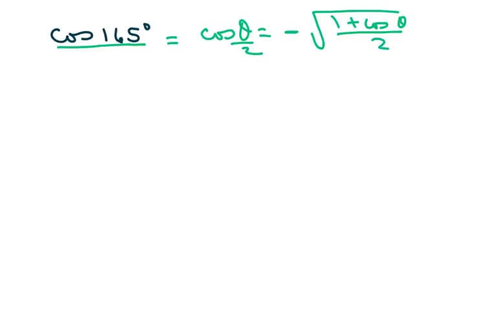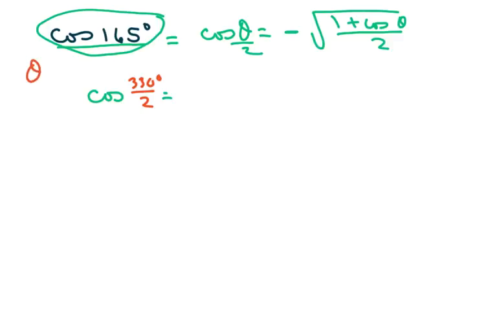We know our answer has to be negative because we're in quadrant 2. So that's the easiest way to remember that. Now, I just multiply 165 times 2, and that gives me 330. So I'm going to write this as 330 over 2. So your angle is 330 here.